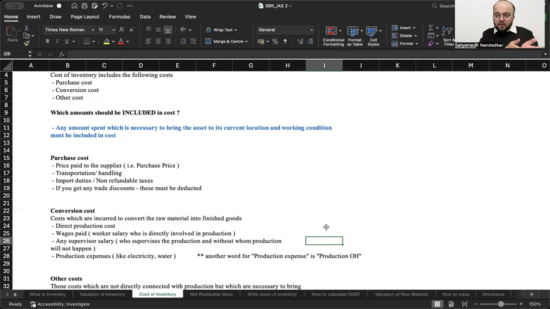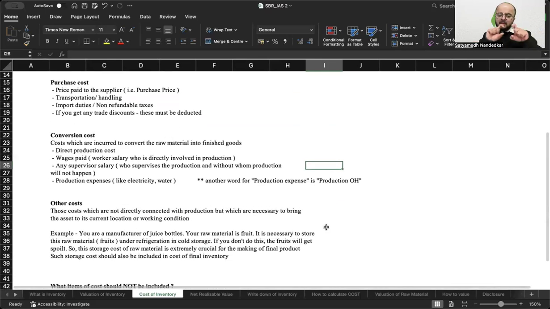Basically, then the transportation cost for bringing it from the supplier's premises to your factory, to your godown, is also included in the cost of inventory. Basically, the basic principle is that any cost which is incurred to bring the asset to its current location and working condition will have to be included in inventory cost.